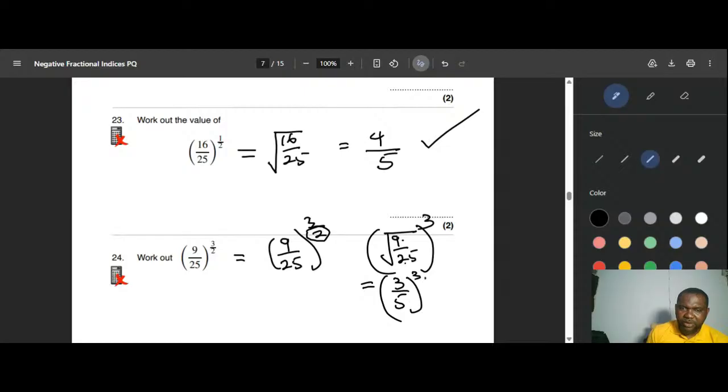Then I will raise it to the power of 3. 3 raised to power 3 is 27. 5 raised to power 3 is 125. So 27 over 125. If you got that, you can dance.